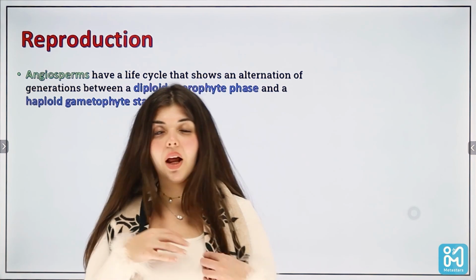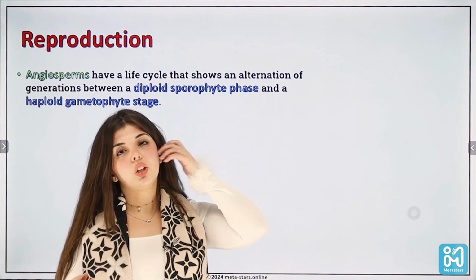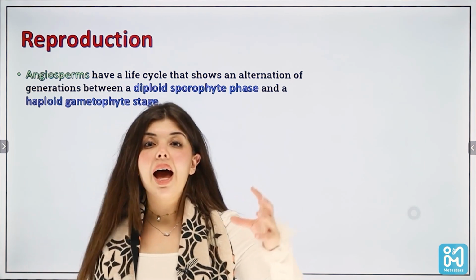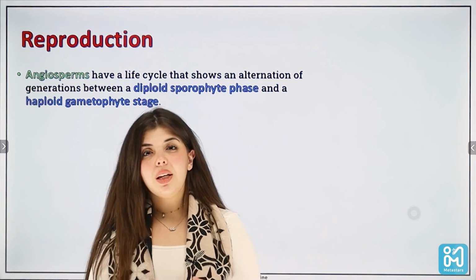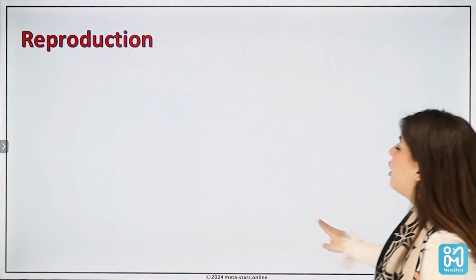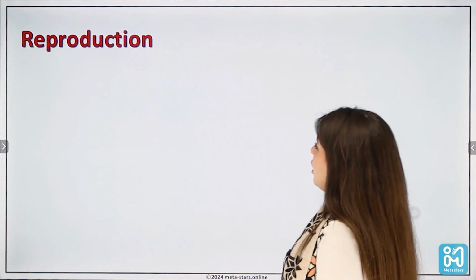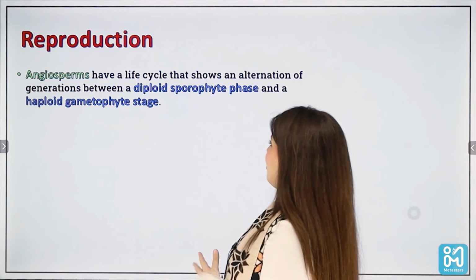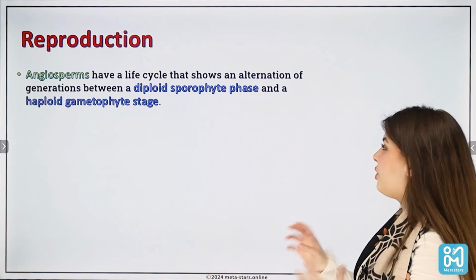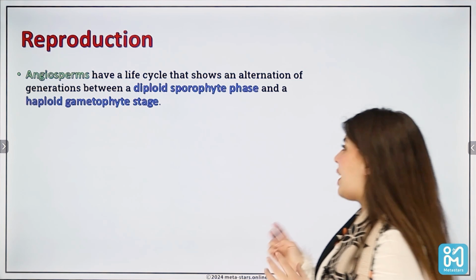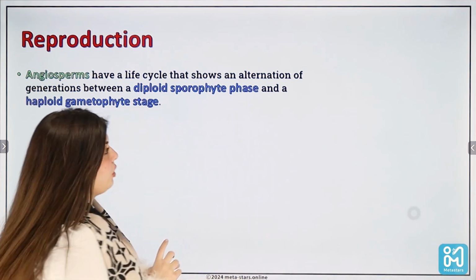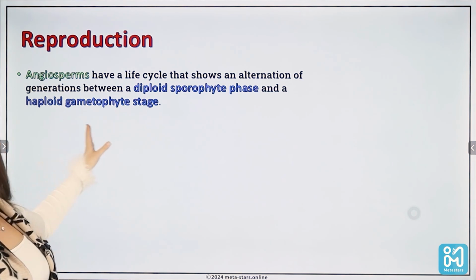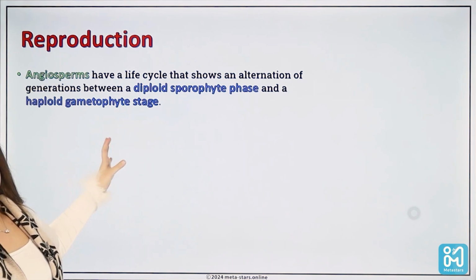The reproduction of plants is sexual reproduction for sure, because it has a female part and a male part. Let's go deeply into the reproduction of plants. Angiosperms have a life cycle that shows an alternation of generations, which is the shifting between diploid and haploid phases, and they have sexual reproduction.